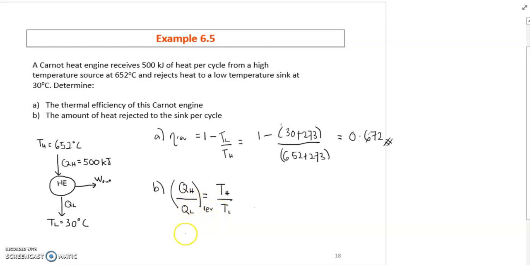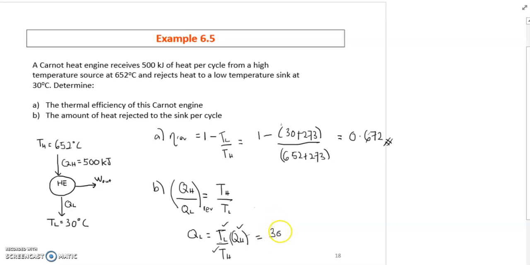So rearrange this equation, because we want to solve for QL. So QL will equal, bringing this side to the other side, TL over TH multiplied by QH. We have the value of QH, we have TL and TH, so we can solve for QL.